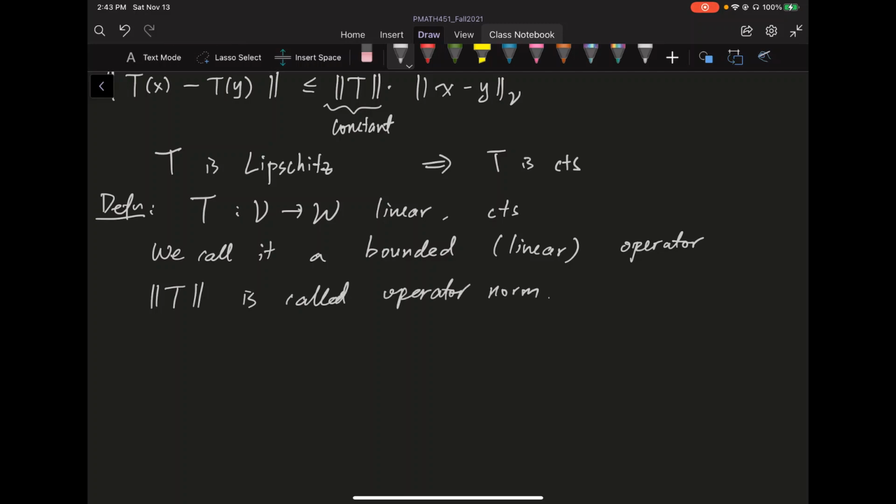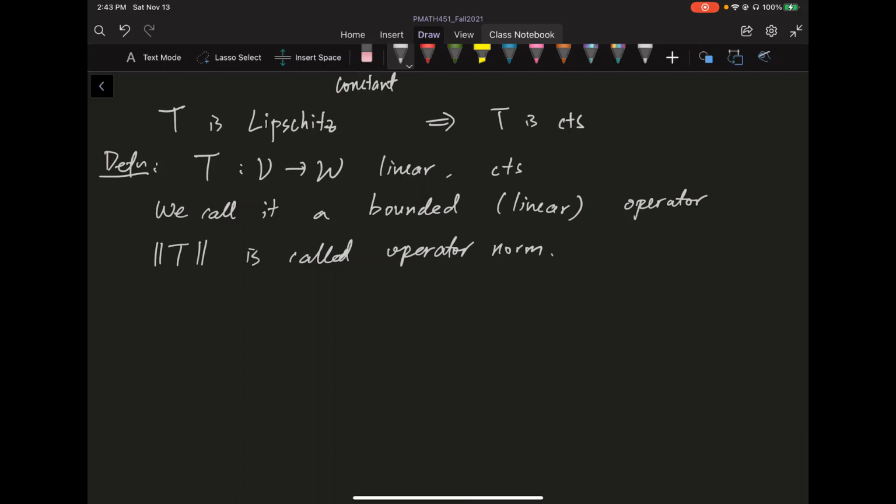So again, if you have taken functional analysis, probably a third of the last bit of the course is talking about these bounded linear operators. And let's make another notation. Let's use B from V to W. This is just the set of all these bounded linear operators.